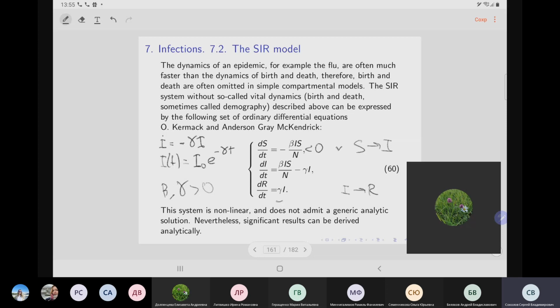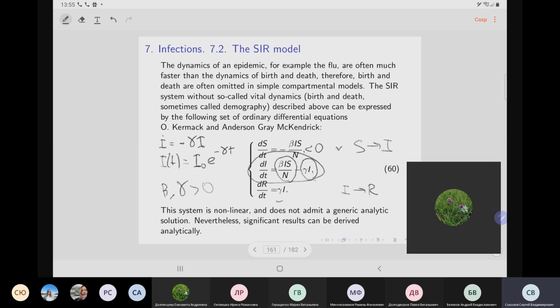So the most interesting equation is the second. It is our epidemic process. So I dot depends on the positive increase of the infected number and the decrease of the infected number with time.